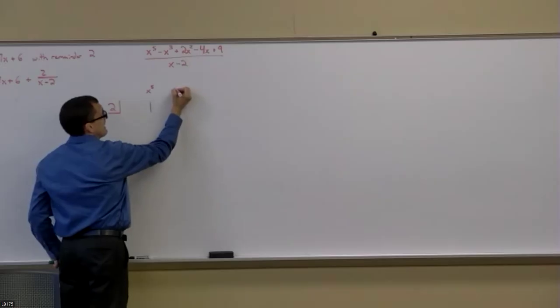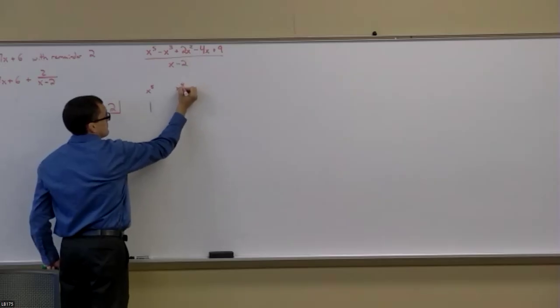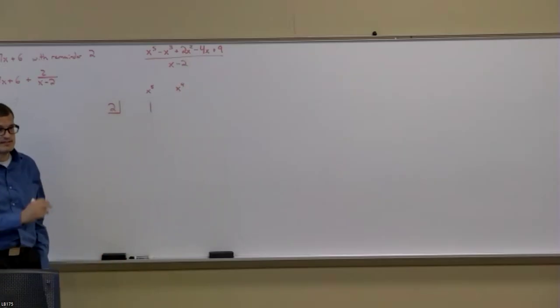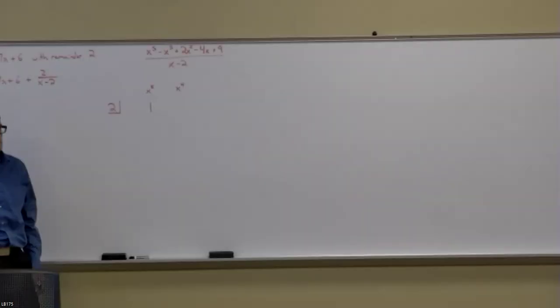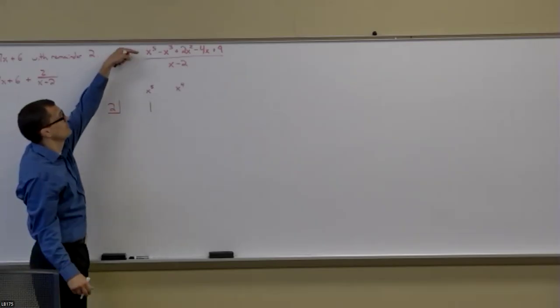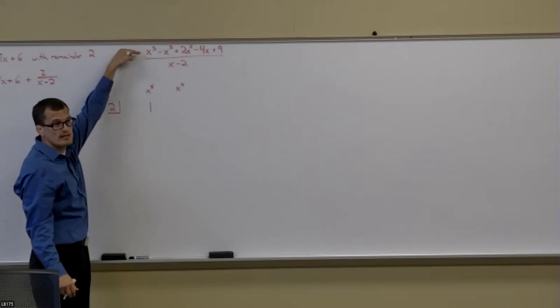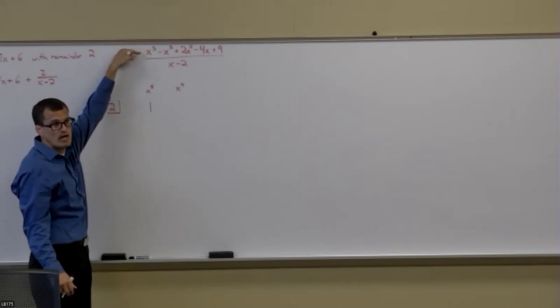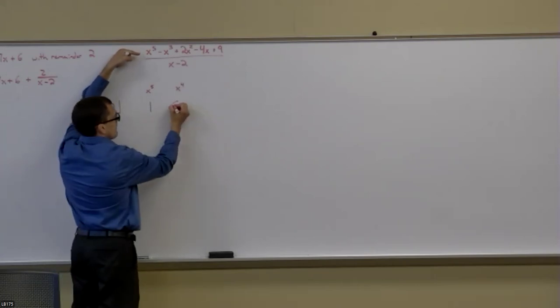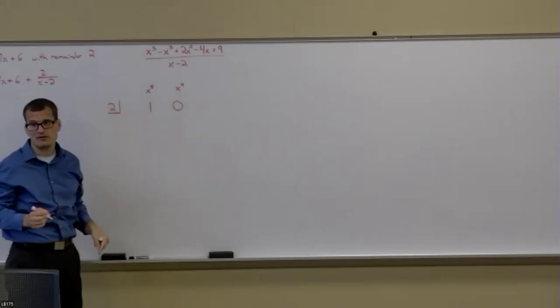The next term I need is the coefficient of the x to the fourth term in my dividend. Obviously, there's no visible x to the fourth term in my dividend, and therefore, I need to make sure I put a 0 there as a placeholder.